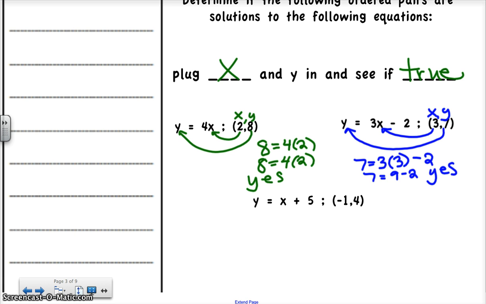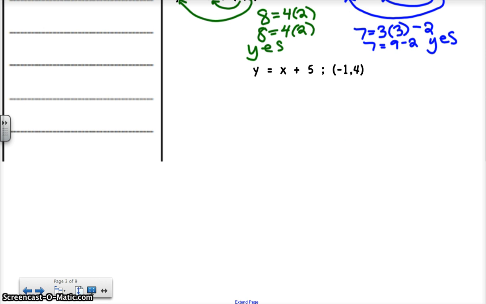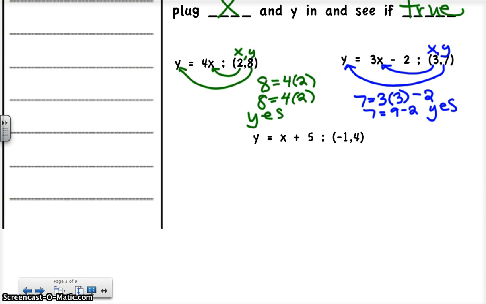Last one. We have, again, my first plan of attack is identify what's my x, what's my y. So I always do this. So now I'm going to put my x where the x is, my y where the y is.